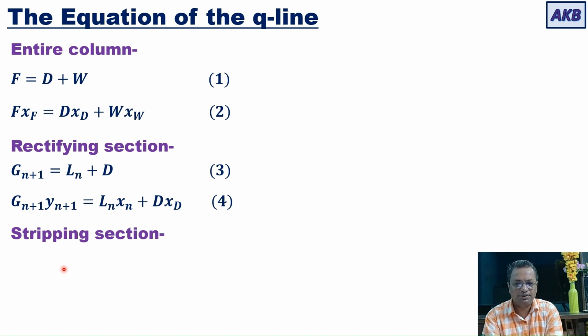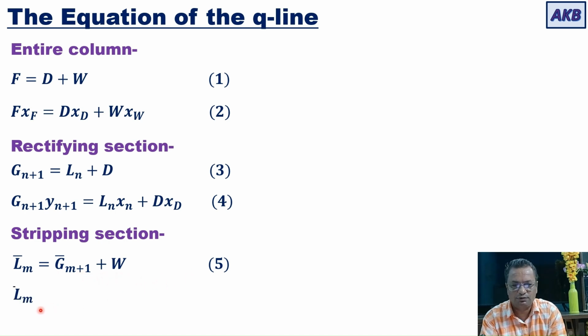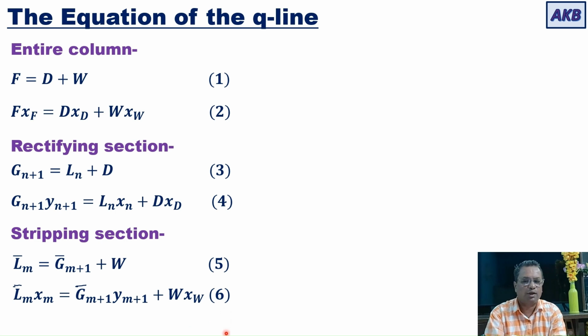Then for the stripping section, you have the total material balance L bar M is equal to G bar M+1 plus W. Equation number 5. And then you have L bar M into XM, that is equal to G bar M+1 into YM+1 plus W into XW, and this is equation number 6.